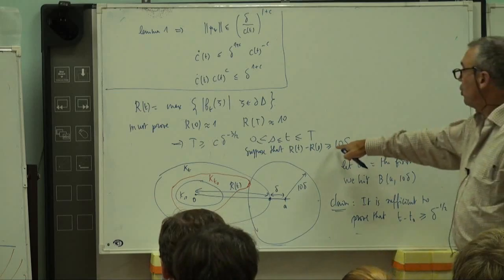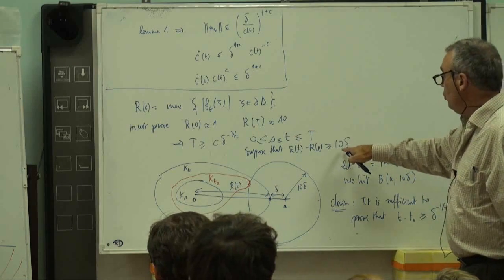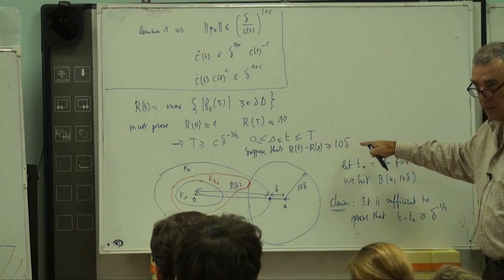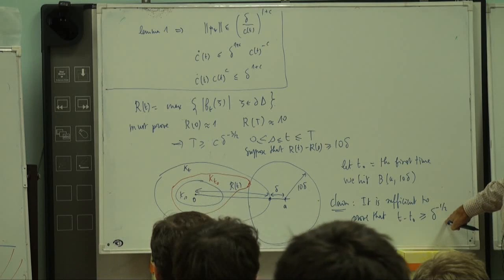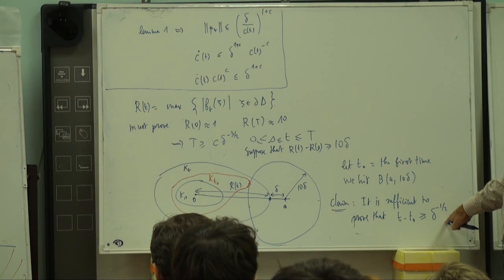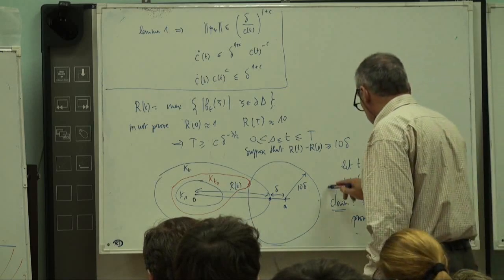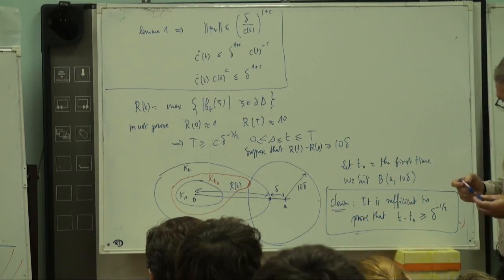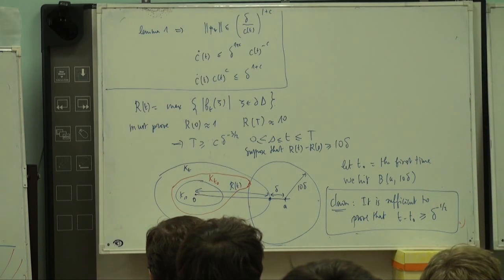Because to reach size 10, we must do 1 over delta times this thing. So 1 over delta times delta to the power minus 1/2 is exactly 1 over delta to the power 3/2. So this is clear. So we must prove that.